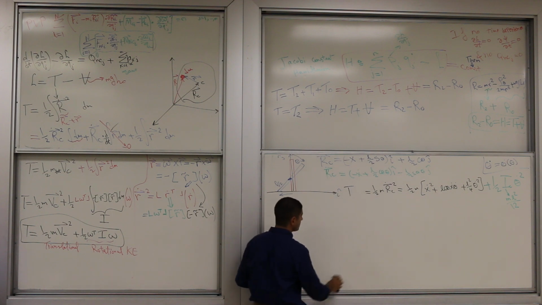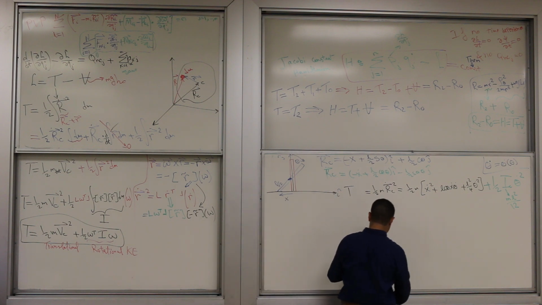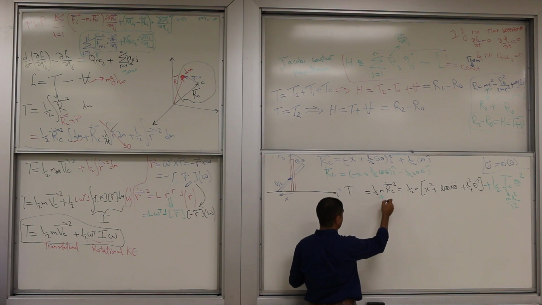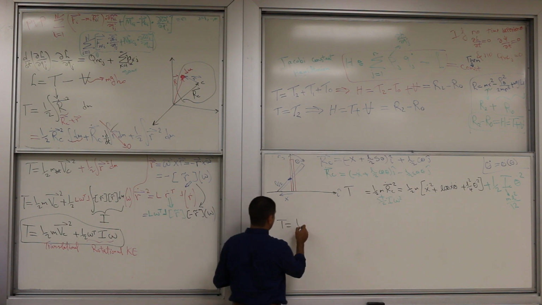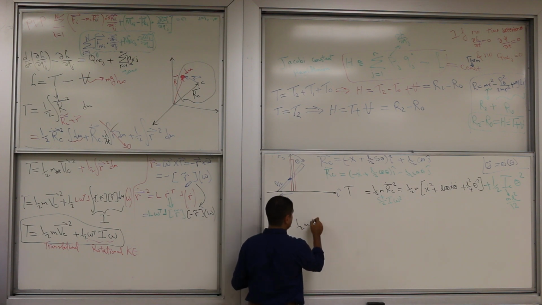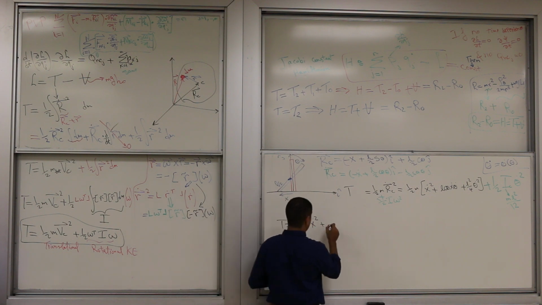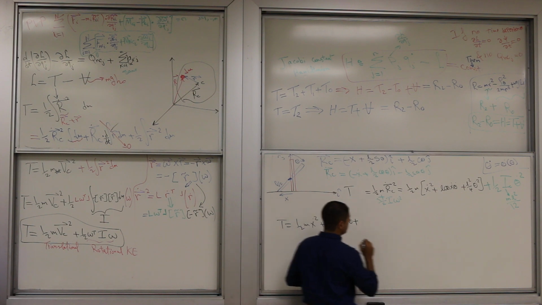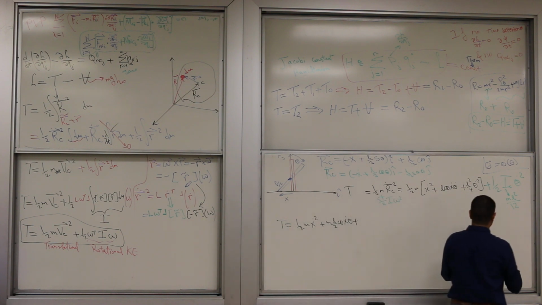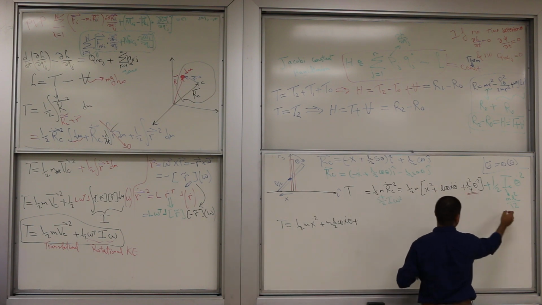Let's write down your kinetic energy. So it's 1/2 m x dot squared plus ml over 2 cosine theta x dot theta dot plus, you're going to always have a theta dot contribution from here and from there.